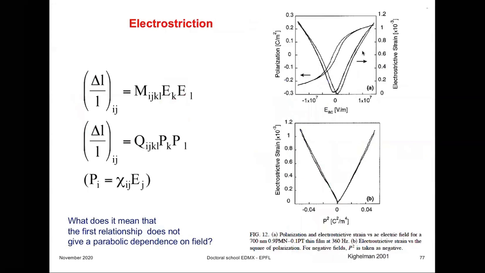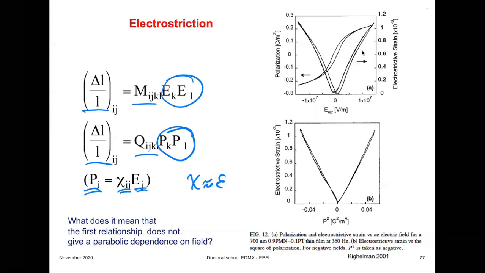There are 2 definitions of the electrostrictive effect, just like what we did with piezoelectricity, depending on boundary conditions. So we can express strain in terms of electric field or polarization, and of course the proportionality constant must be different, since P, polarization, is equal to field multiplied by the electric susceptibility, and this susceptibility is very close to permittivity or kappa.